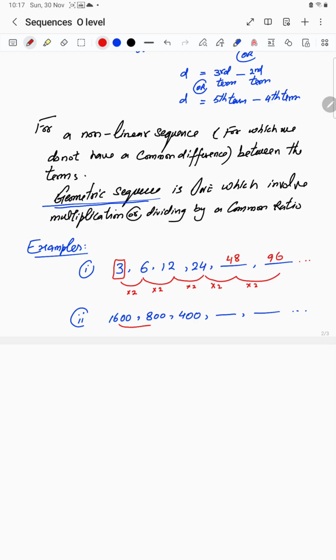But if you divide this by 2, 1600 can be divided by 2 to get 800, and 800 divided by 2 is 400, and 400 divided by 2 to get 200, 200 divided by 2 to get 100, and so on.